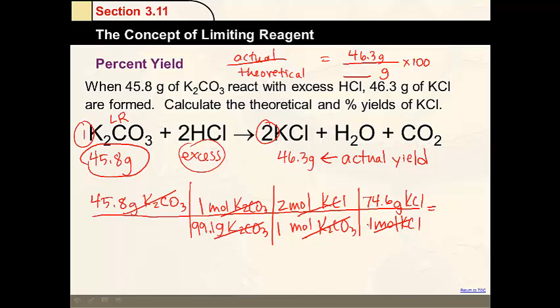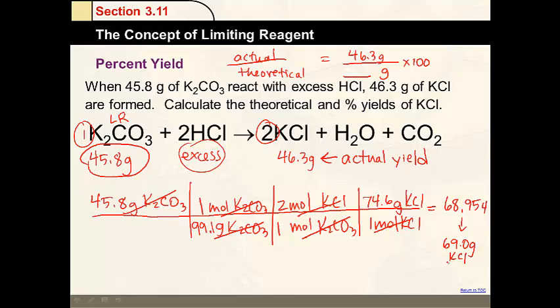Cross that out. Now I'll do the rest of my math here. So 45.8 times 2 times 74.6 divided by 99.1. And I get 68.954. So really for 3 significant figures, it would be 69.0 grams of KCl.